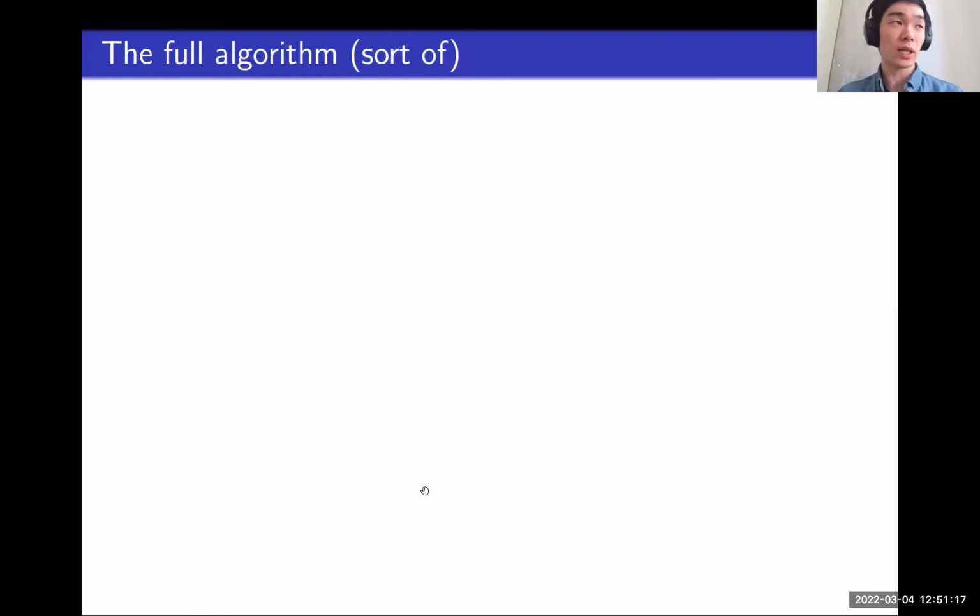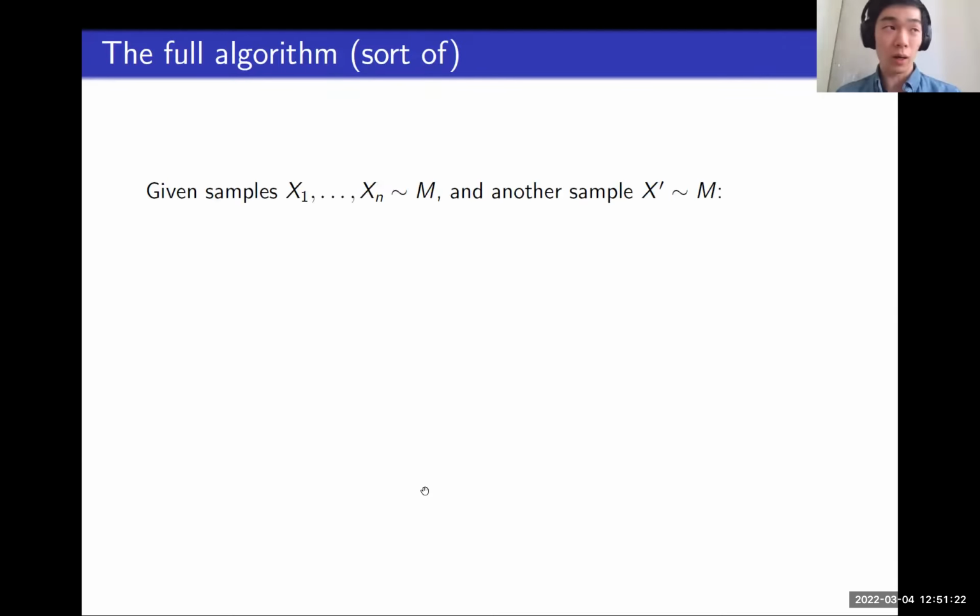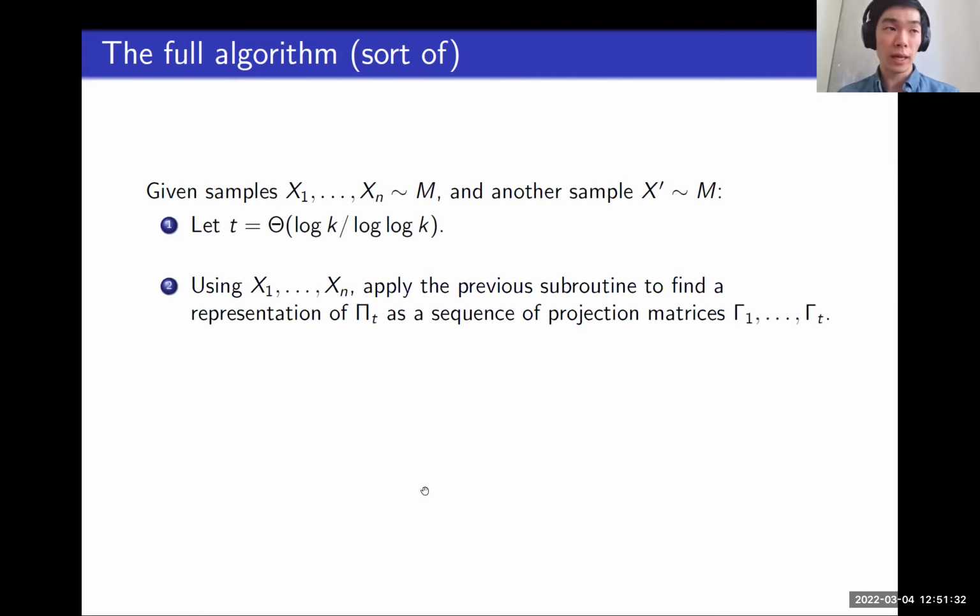So if we put everything together, we now get a fully polynomial time algorithm. Roughly to summarize, we receive samples from the mixture and then we receive another sample. We set t equals log k over log k, and then we use the previous subroutine to find the tth projection matrix.